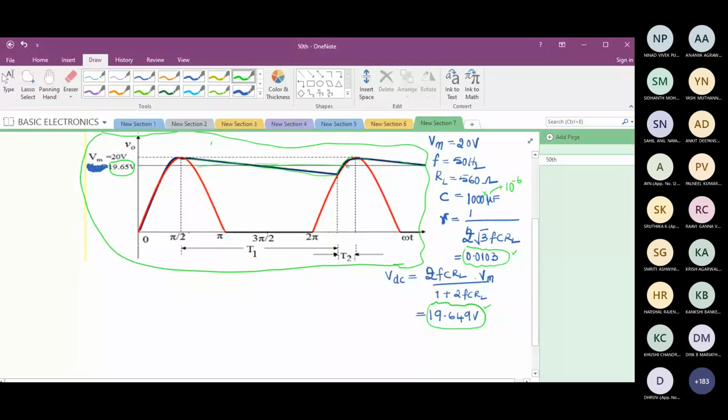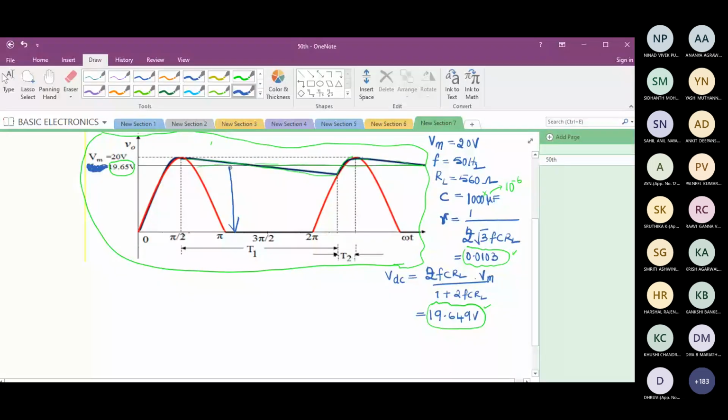From the ground, if I want to measure this, how much is this average value? It is with respect to ground. So this voltage is 19.65.